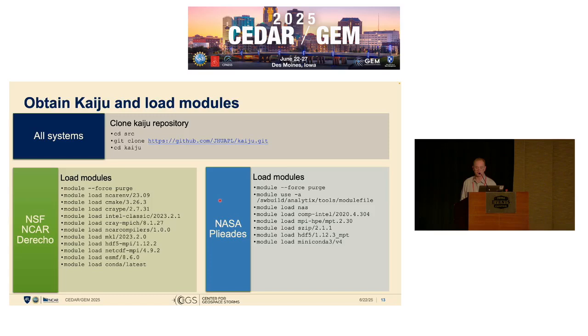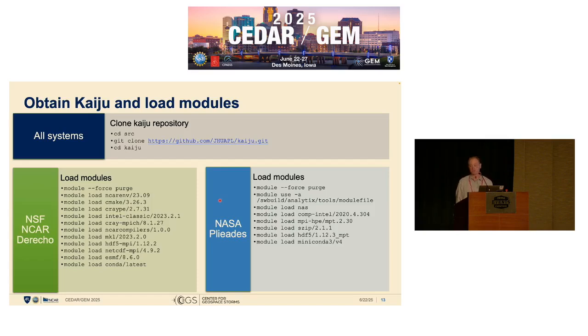The next step is doing the git clone of the Kaiju repository. If you do git clone with nothing besides the URL listed there, it will create a directory called kaiju with all of the software downloaded into it and the repository version. So you're going to want to cd into that directory.